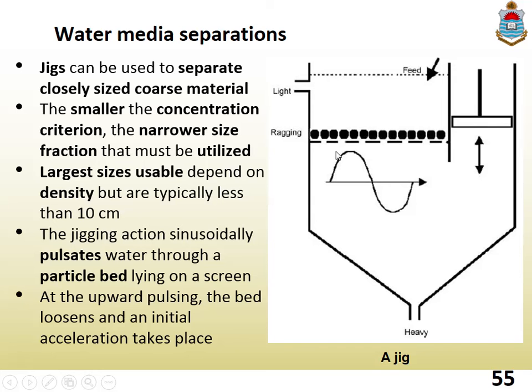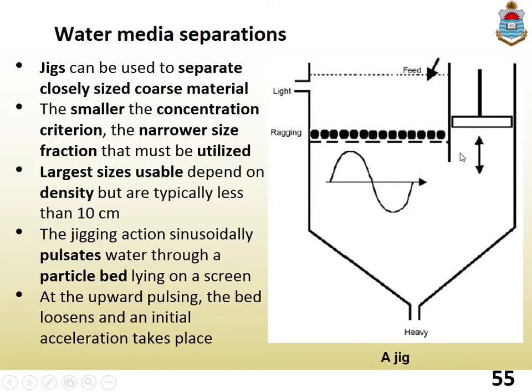There will be a pulse of, for example, water. Most commonly if water is used, a pulse of water will be created on this end as this piston type part of the equipment moves up and down. So that will create, as shown in this, a sort of sinusoidal wave or sinusoidal pulse.